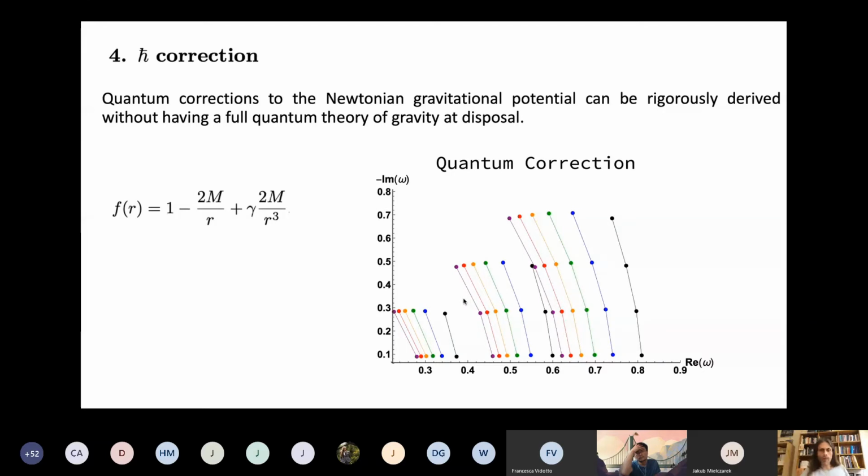So this is somehow a quite universal result, although there have been a lot of controversies about the sign of gamma, which is sometimes assumed to be positive and sometimes negative, but right now there is a kind of consensus that it should be negative. And you end up with this kind of behavior where the frequency is decreasing. This is the only case where the frequency is decreasing with the deformation parameter, and the damping time is basically unchanged.